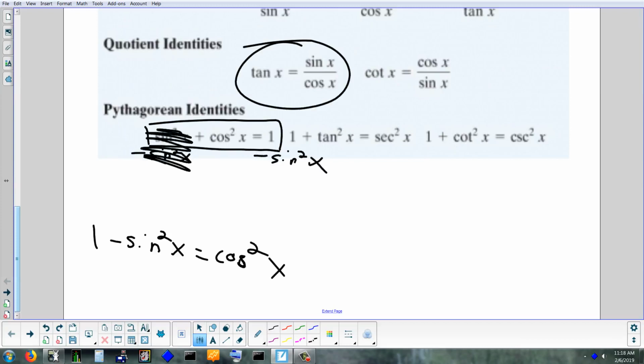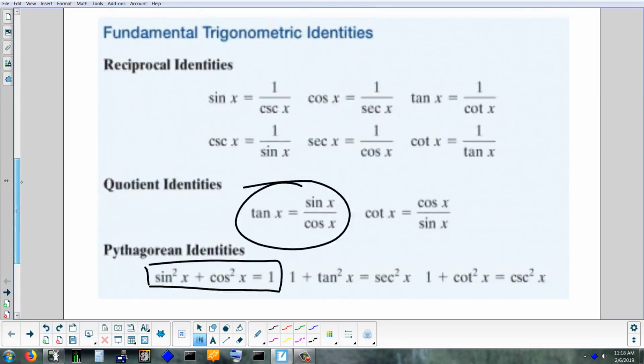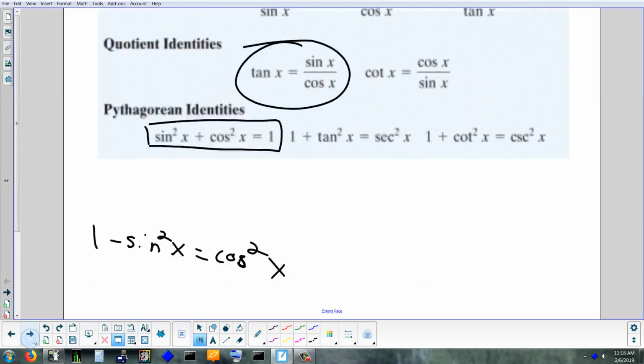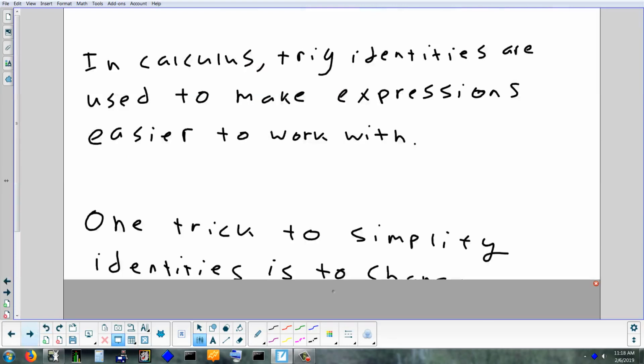And you get cosine squared by itself equals 1 minus sine squared. So let me get rid of that. What I'm showing is you can take these identities and you can move something to the other side. Okay, does everyone have what's in that blue box? Those identities. All right, so let's try some problems.